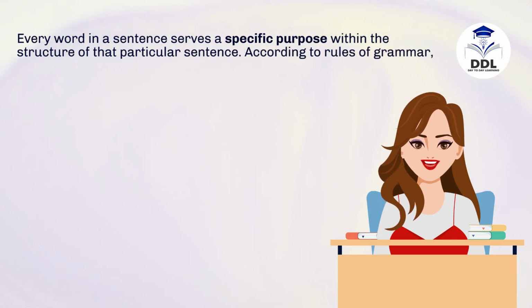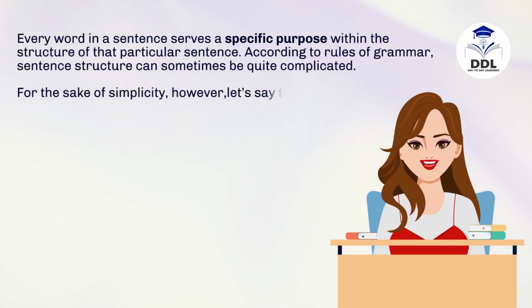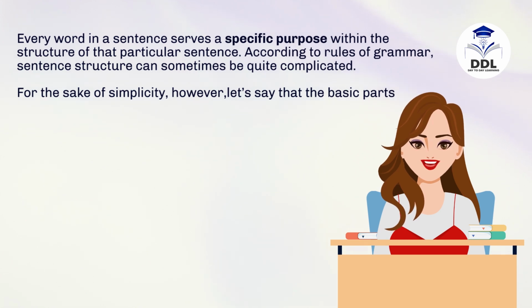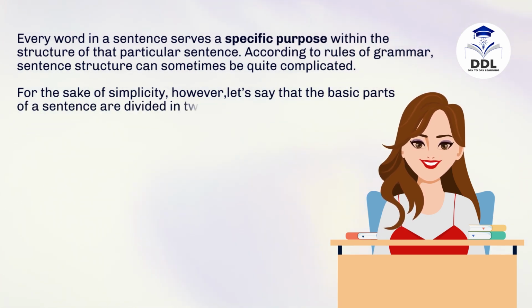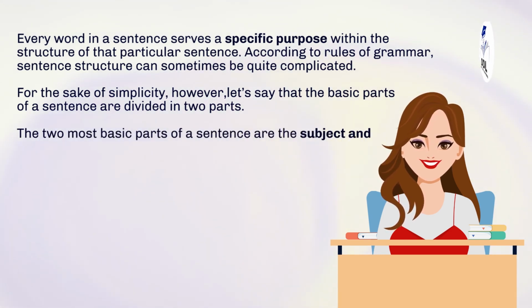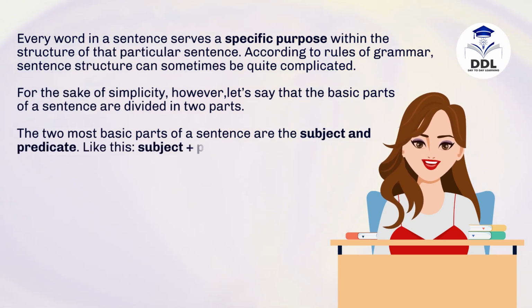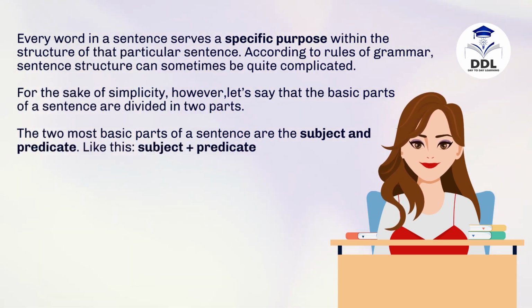According to rules of grammar, sentence structure can sometimes be quite complicated. For the sake of simplicity, however, let's say that the basic parts of a sentence are divided in two parts. The two most basic parts of a sentence are the subject and the predicate, like this.